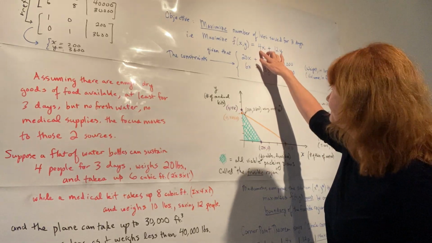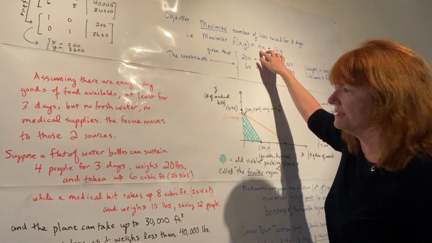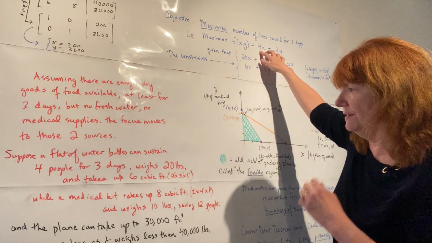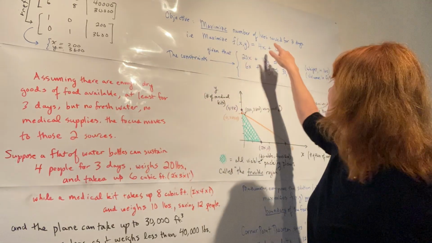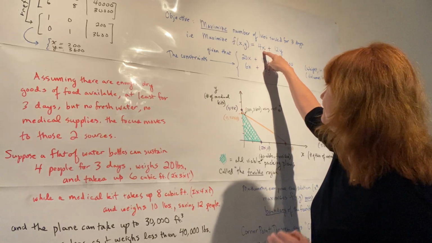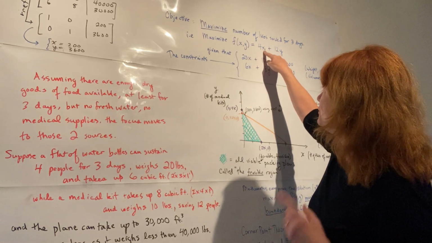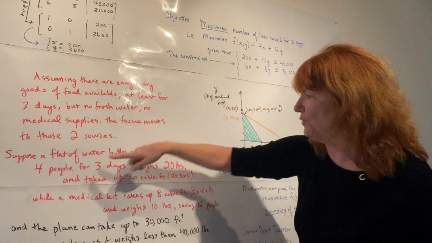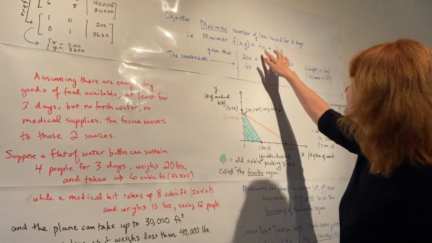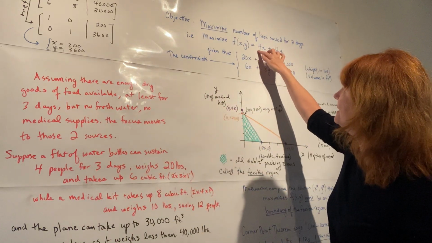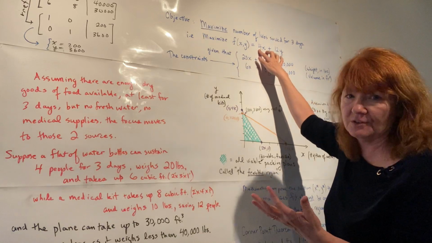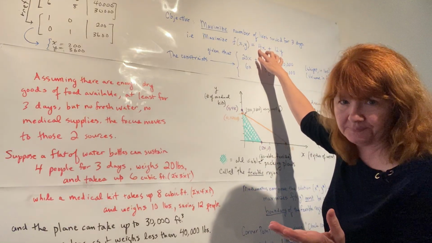Now, this 4 comes from the fact that for each flat of bottles of water, each one of those will save 4 people for the 3 days. So this term right here represents all the lives saved by the water.